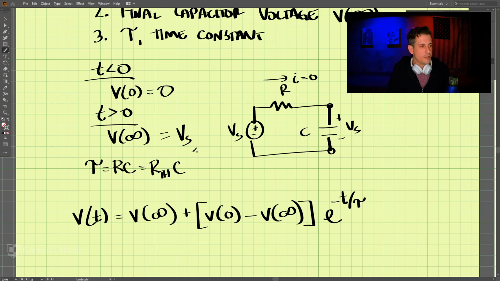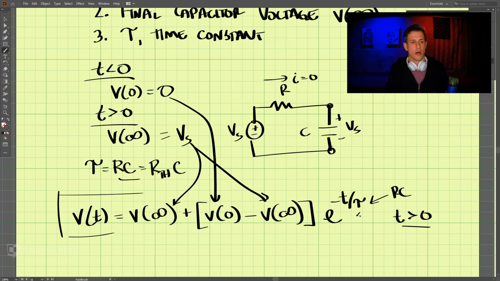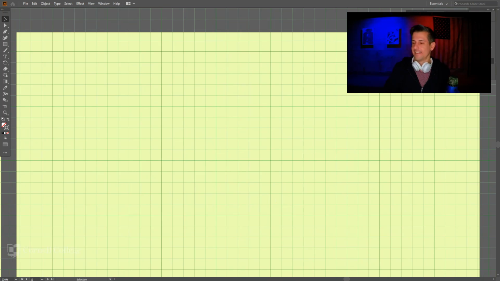Then all we need to do is plug in our values here, and this here is RC. That would be our voltage for time greater than 0.